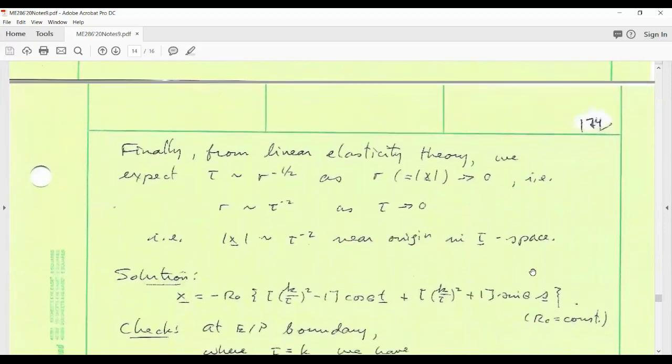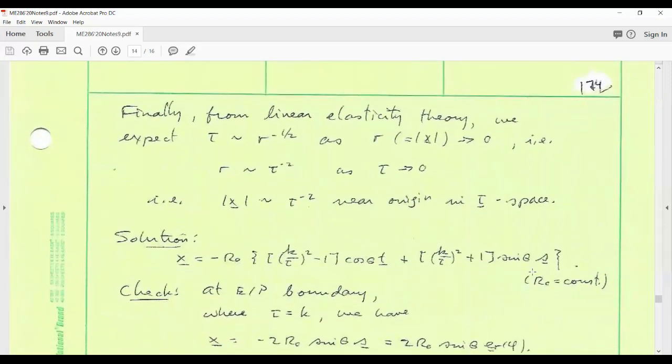Okay, if you've done any linear elasticity at all, if you've taken a course in fracture mechanics, I'm asking you to take this on faith if you haven't seen any linear fracture mechanics. In linear elasticity, the stress asymptotically behaves like 1 over the square root of radius as radius tends to 0, as you approach the crack tip.